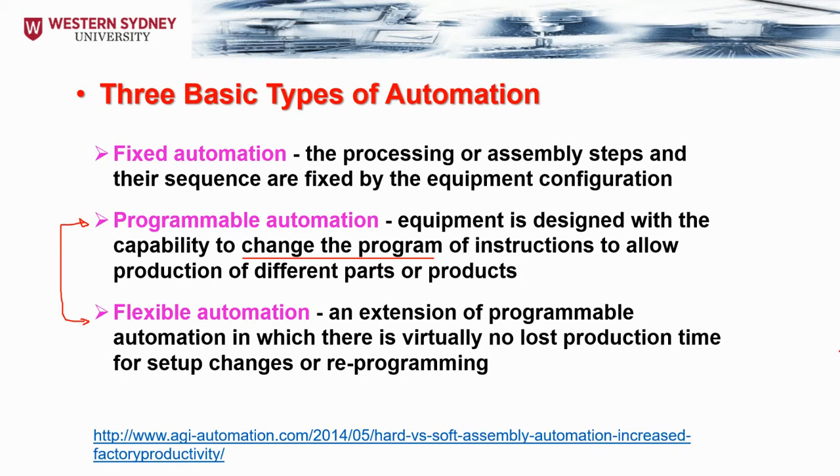Now, flexible automation is an extension of programmable automation, in which there's virtually no loss of production time for setup changes or reprogramming. What we're going to have in this case is something like a counter, and all the parts are going to start from the same starting material.